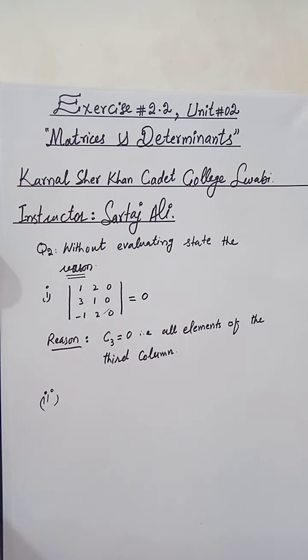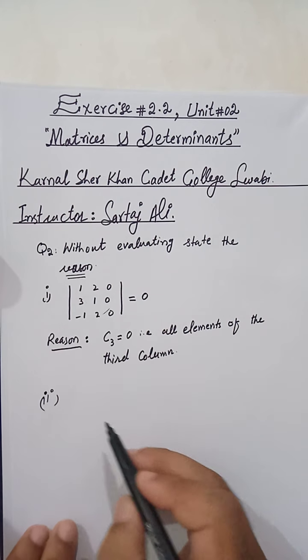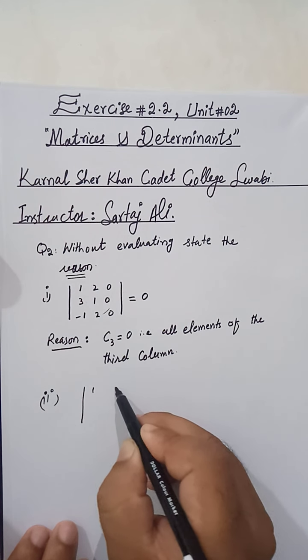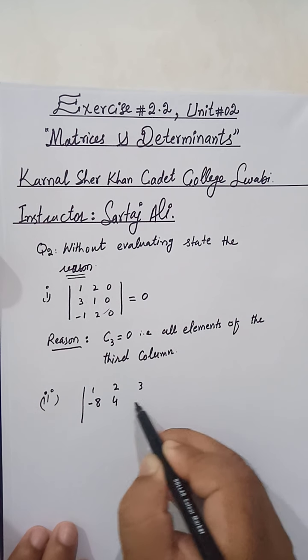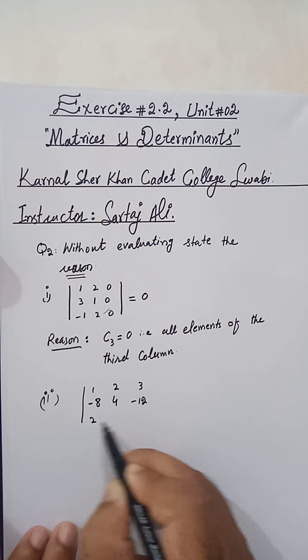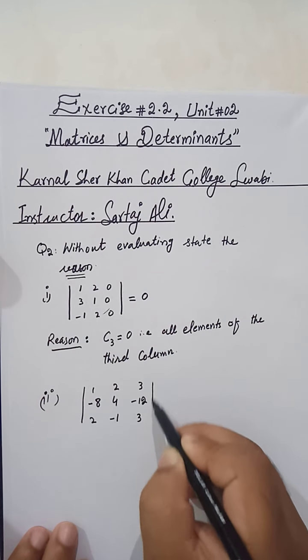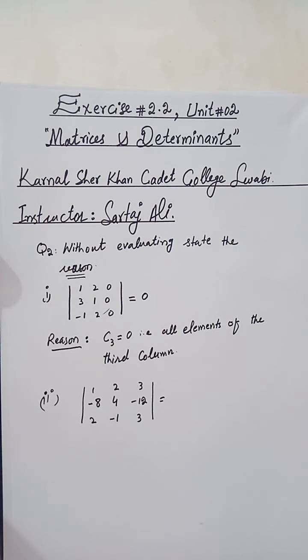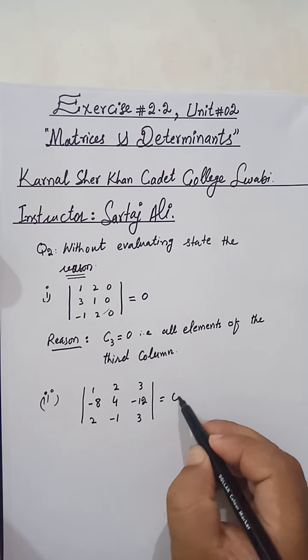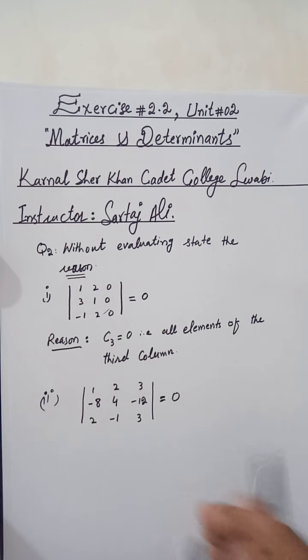In part number 2, another equality is the determinant with rows 1 2 3, minus 8 4 minus 12, 2 minus 1 3, equal to 0. So what is the reason that this is equal to 0?